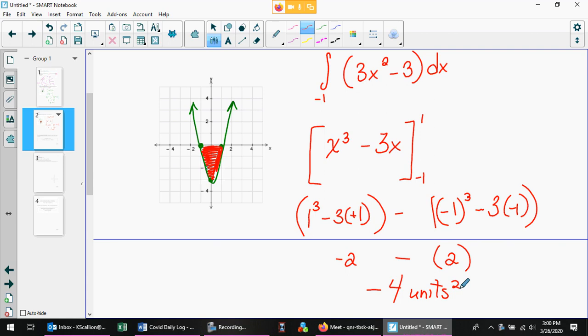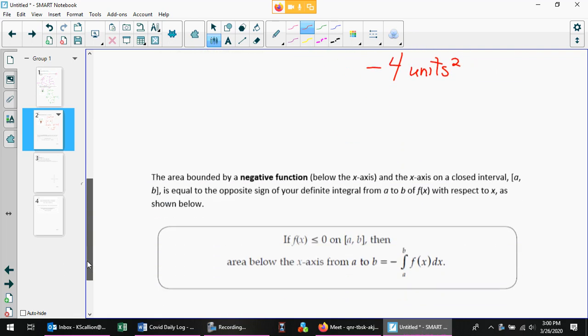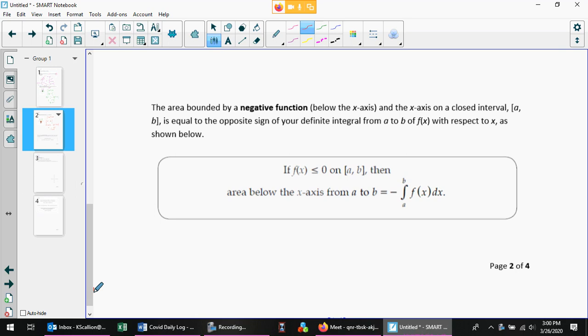So again, this is just a repeat of I3. The next part, this little part on the bottom here, is the area bounded by a negative function, just below the x-axis and closed on the interval.